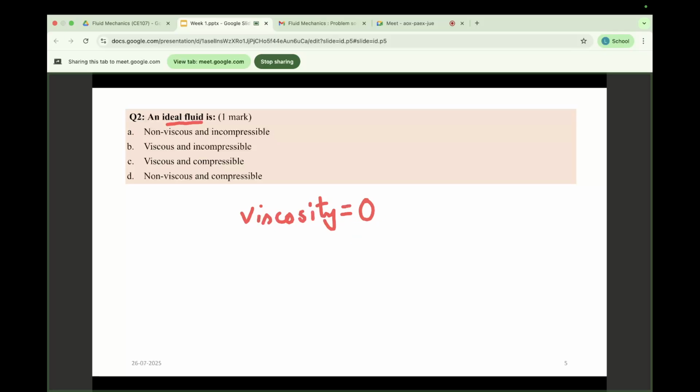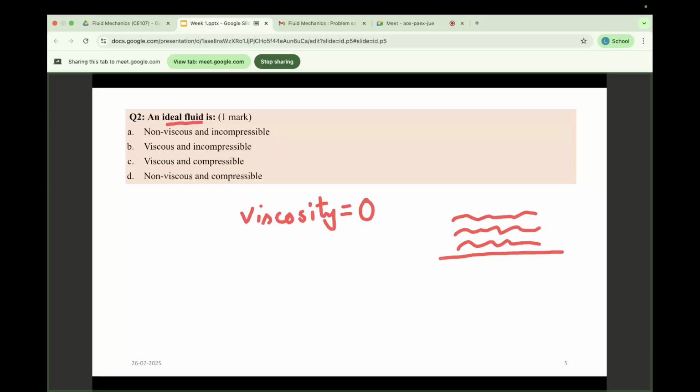Viscosity being 0 means that there is no internal resistance to flow. That means if a fluid is flowing over a surface, then there is no resistance in its path.